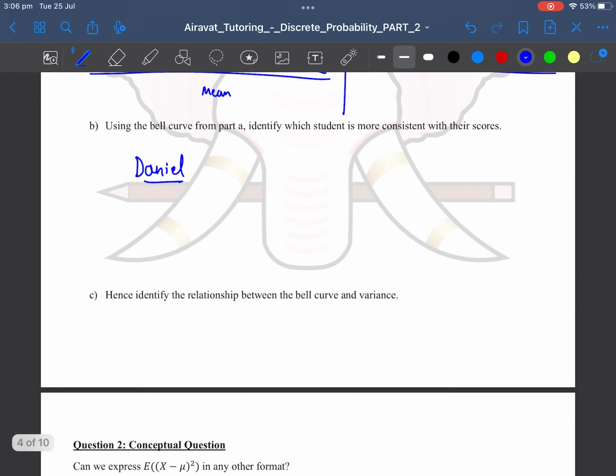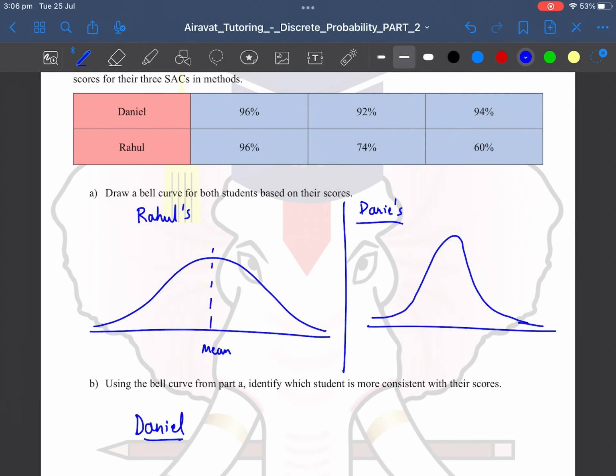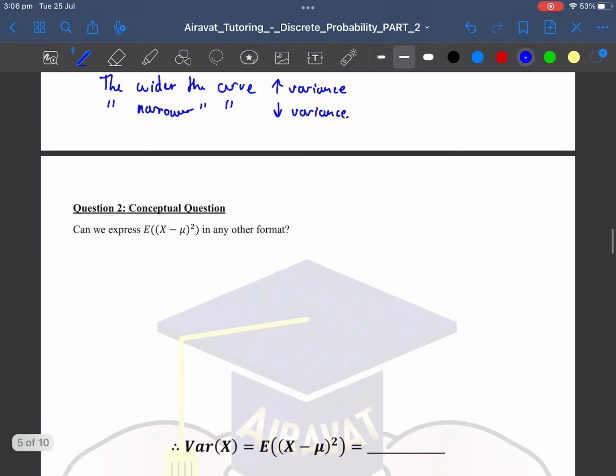The relationship we can determine from this example is: the wider the curve, the higher the variance, and the narrower the curve, the lower the variance. As you can see, because Rahul's scores are all over the place, his spread is going to be quite big compared to Daniel's, who is more consistent with his scores, so the variance is going to be quite small there.